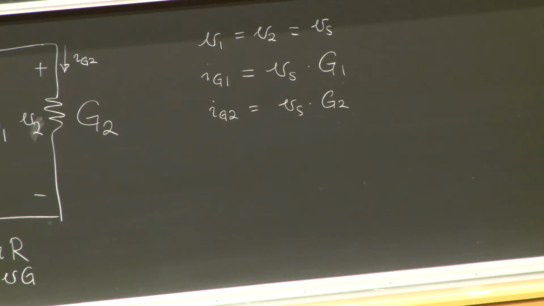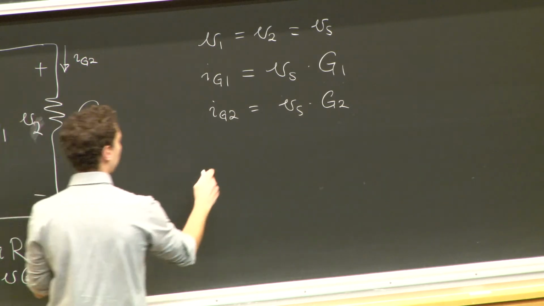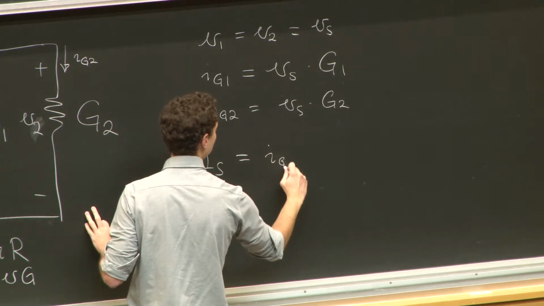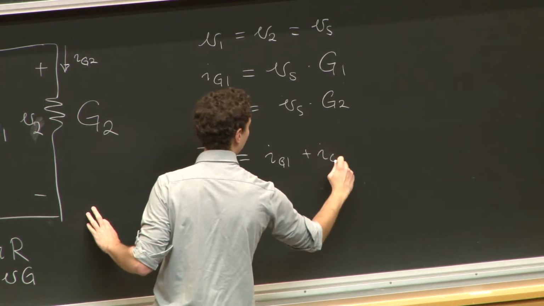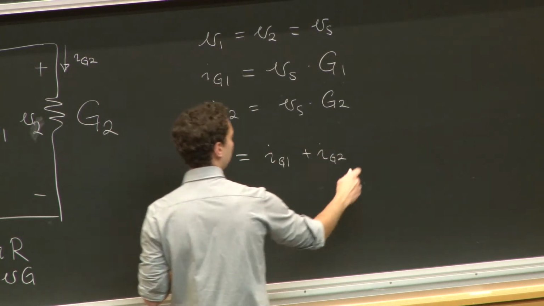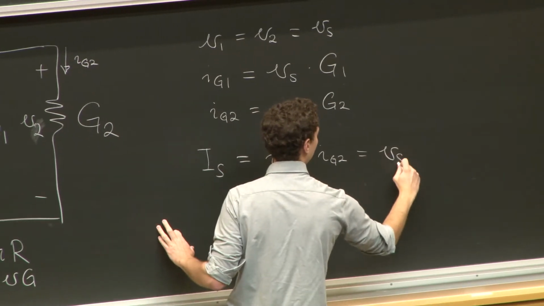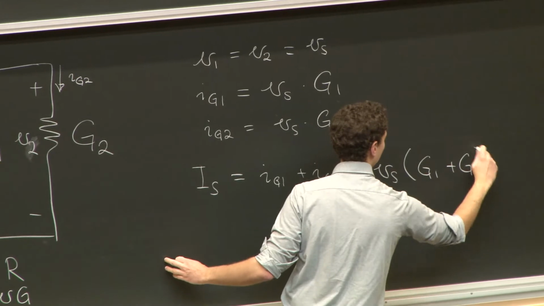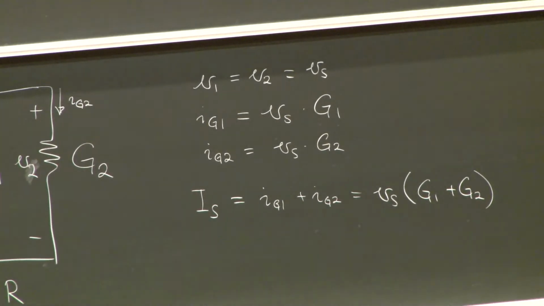Now I know that the total current, if I do KCL, here I've got a current IS. The total current, IS, is equal to IG1 plus IG2, which is the voltage times G1 plus G2.